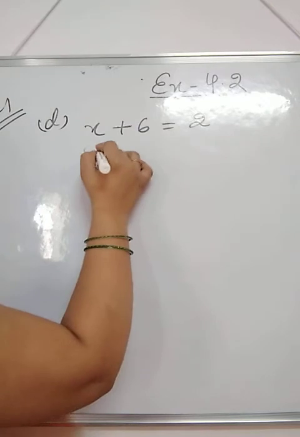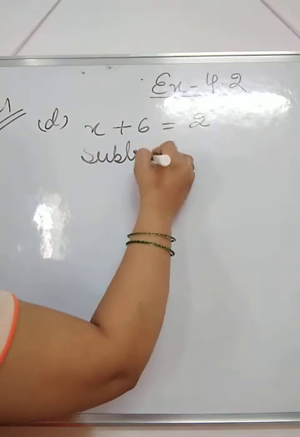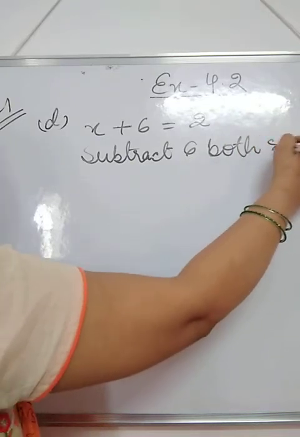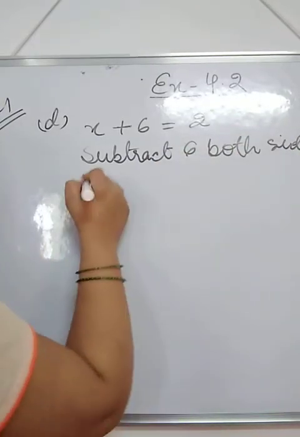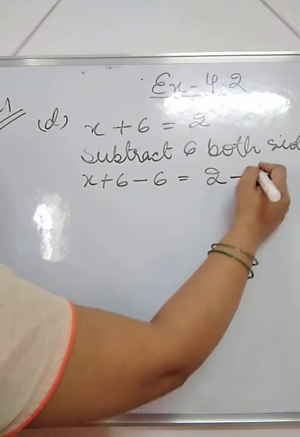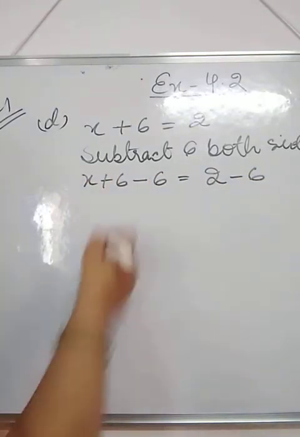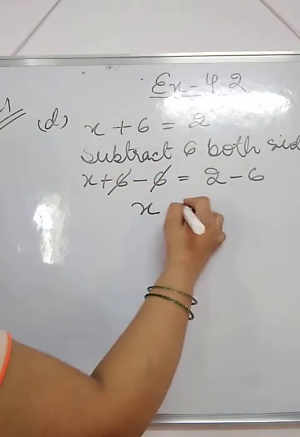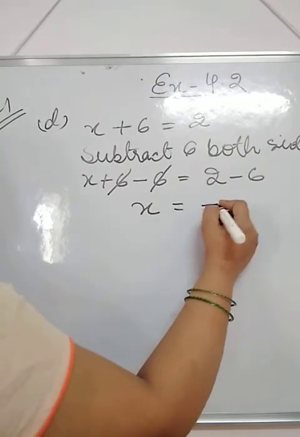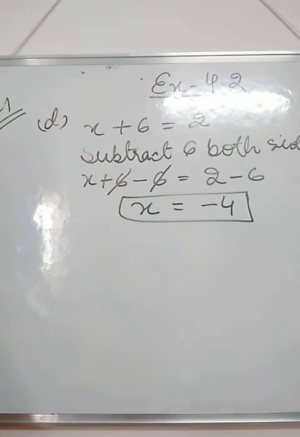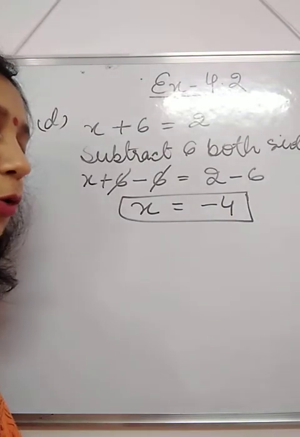So we will subtract 6 both sides. x plus 6 minus 6 and 2 minus 6. Now this plus 6 is cancelled with this minus 6. What is left here? x. Now 2 minus 6 is equal to minus 4. So the solution of this equation is minus 4, or the value of x is minus 4.